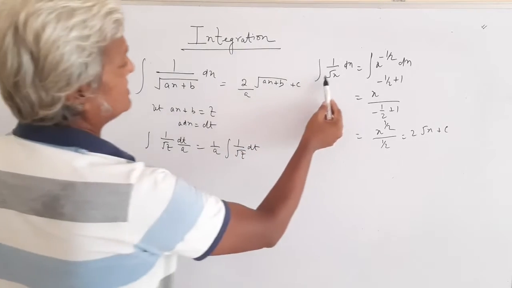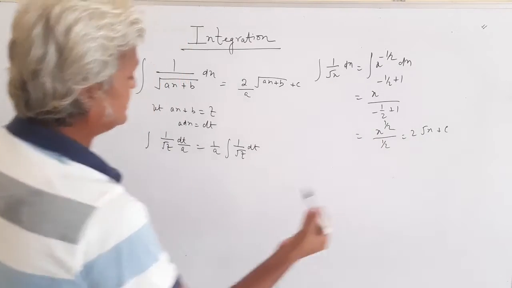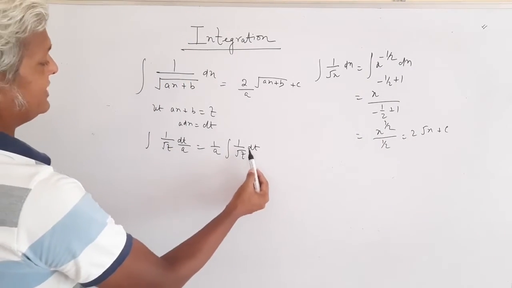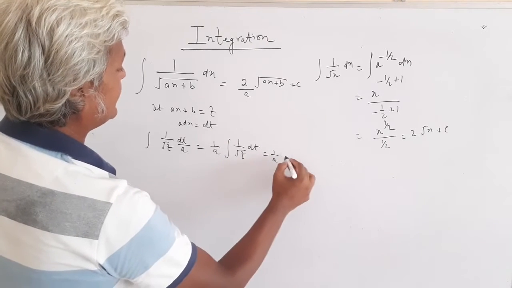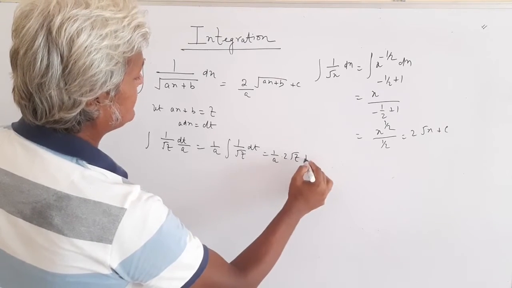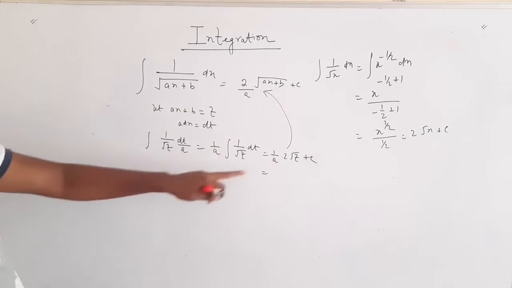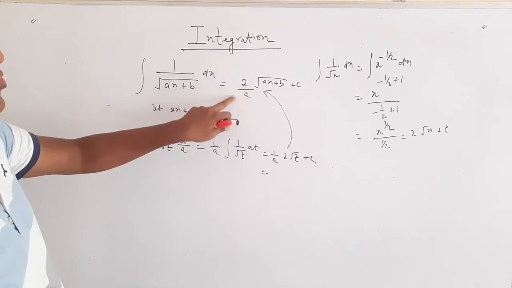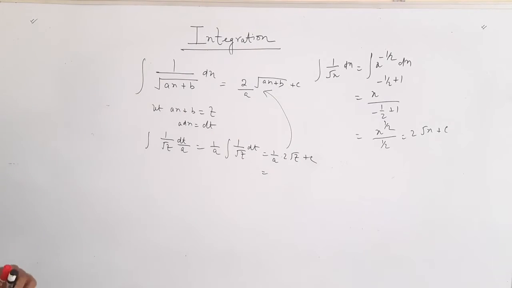I have just discussed that the integration of 1 over root x dx is 2 root x plus c. So the integration of 1 over root t dt is 1 over a into 2 times root t plus c. Now put the value of t there, and you get the same thing, 2 over a root ax plus b. This is how this kind of question can be solved.